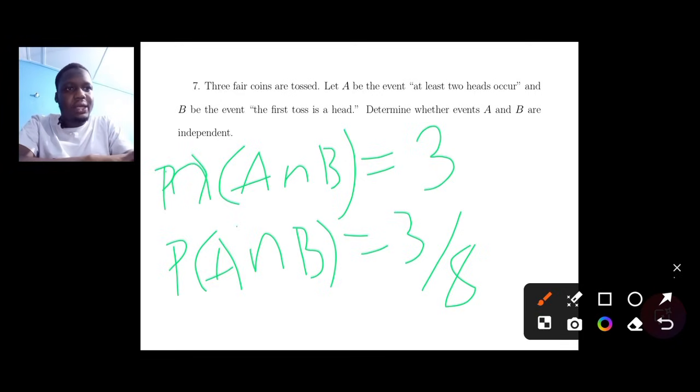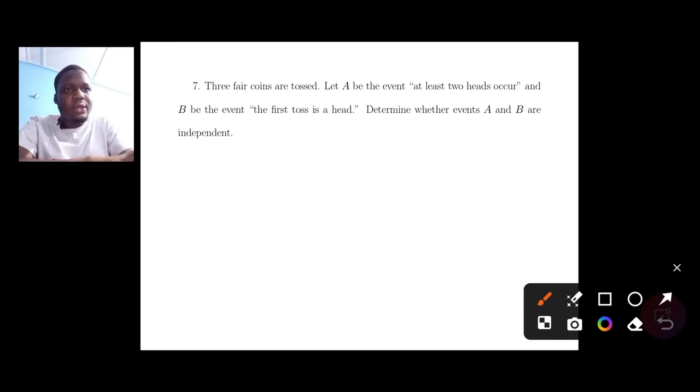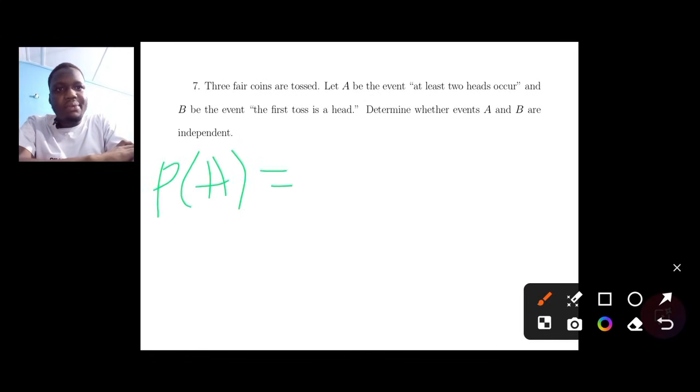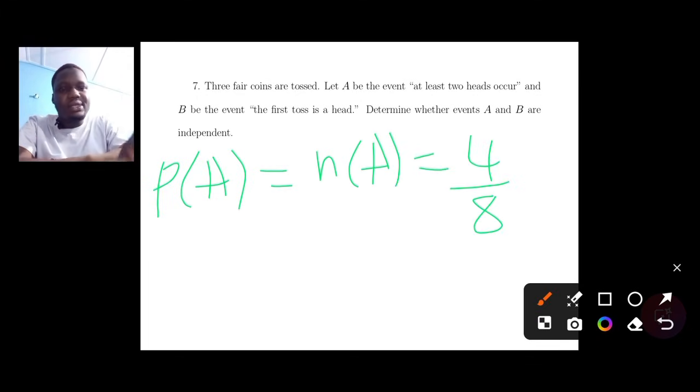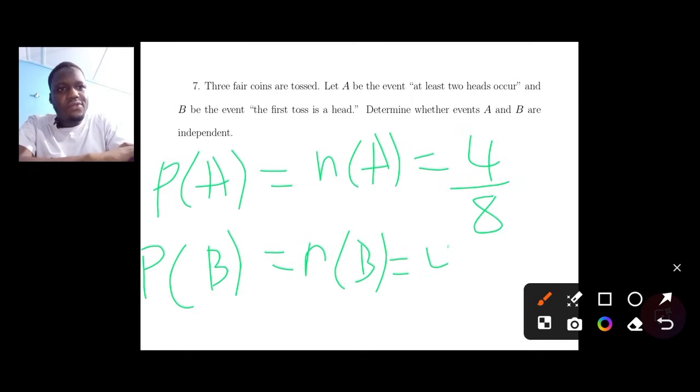Okay, good. Now, probability of A is the number of A. A had 4 elements divided by the sample space. Probability of B had also 4 elements divided by this.